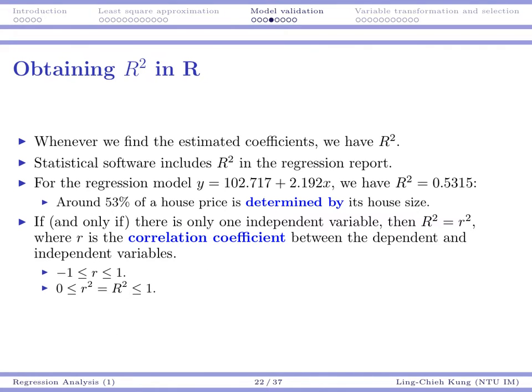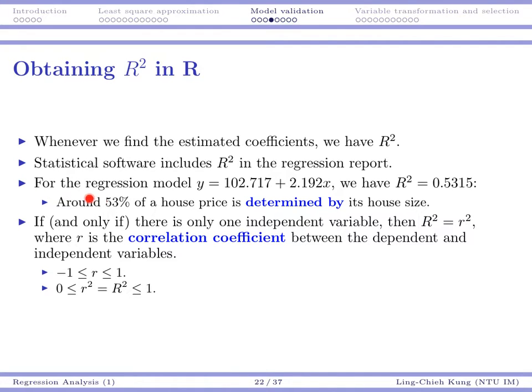So whenever we find the estimated coefficients, then with the formula we introduced in the previous page, we can calculate R². There is no reason for us to do that by ourselves. Statistical software always includes R-square when they generate the regression report. Something we will get for free.